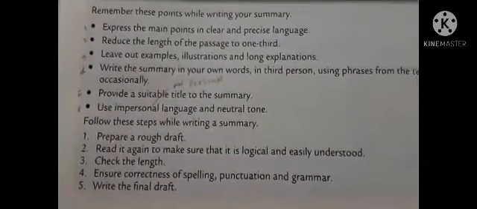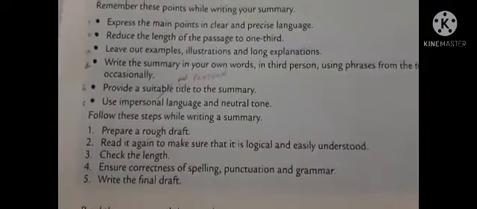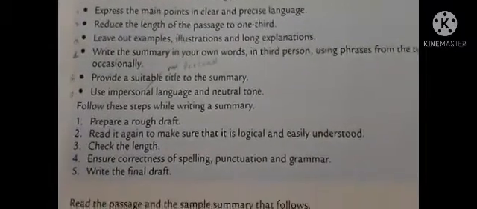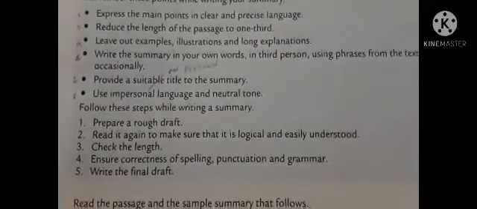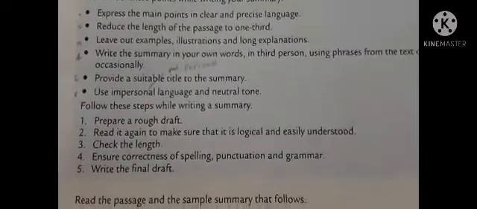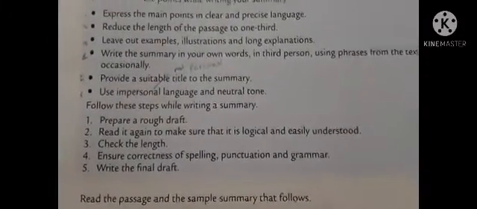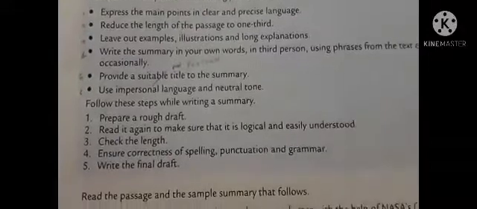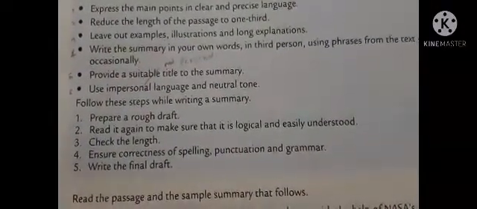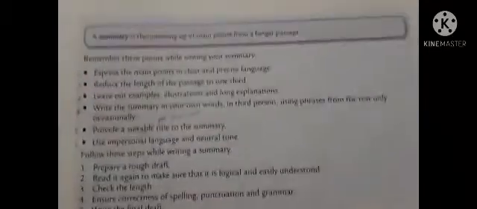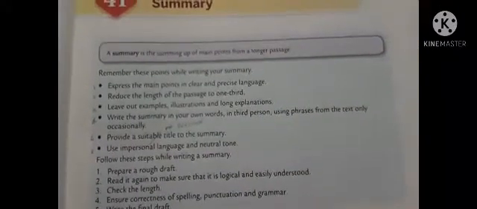So after we have made the rough draft, and checked whether it is logical and the length is 1/3, and whether the spellings and grammar are correct or not, after seeing all those things, then we make a final draft. So in this way we prepare or write a summary.